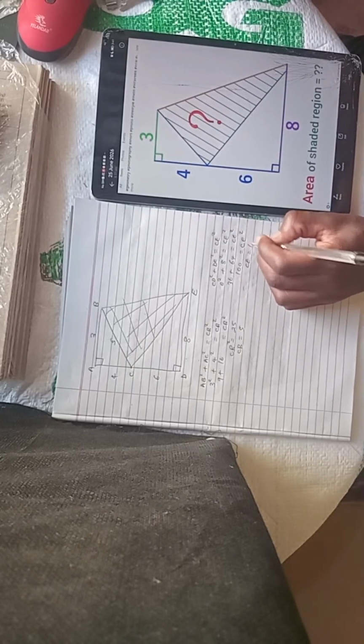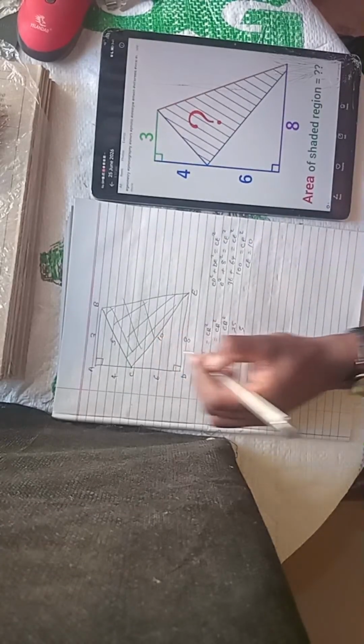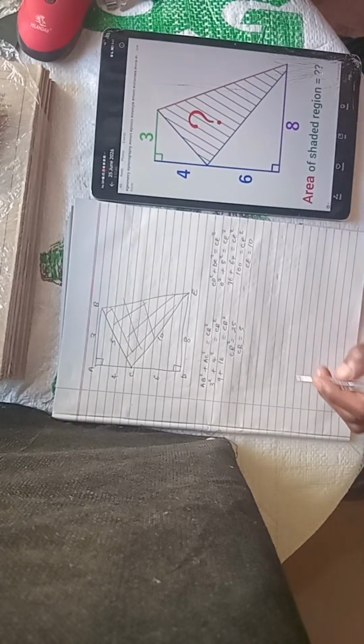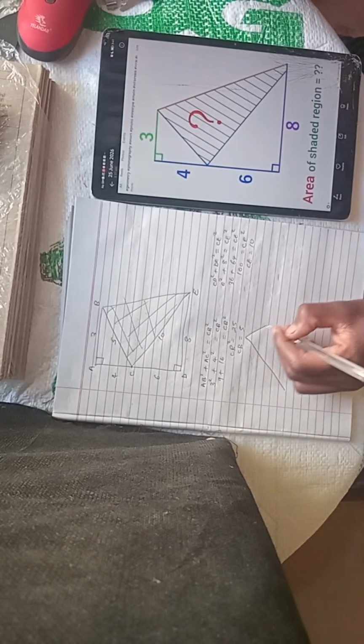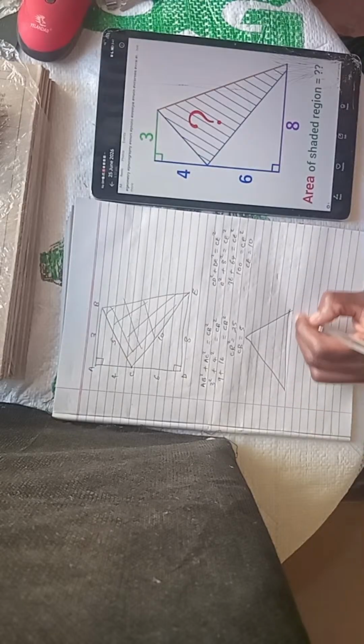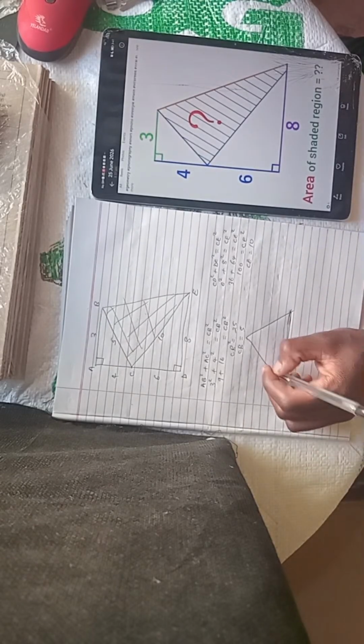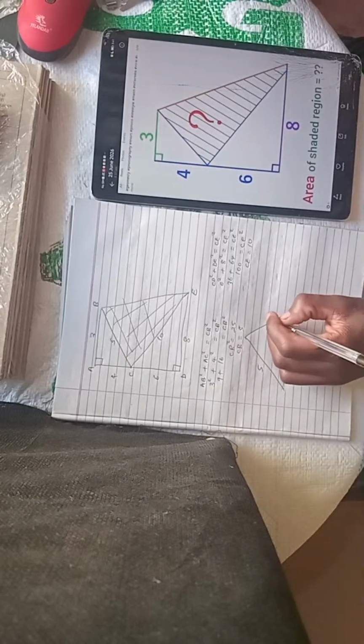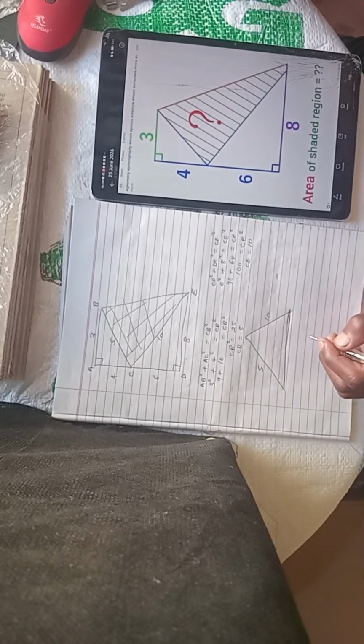CE is equals to 10. Therefore, this is equals to 10. So we have a triangle here that looks like this, where one side is 5 and the other side is 10.